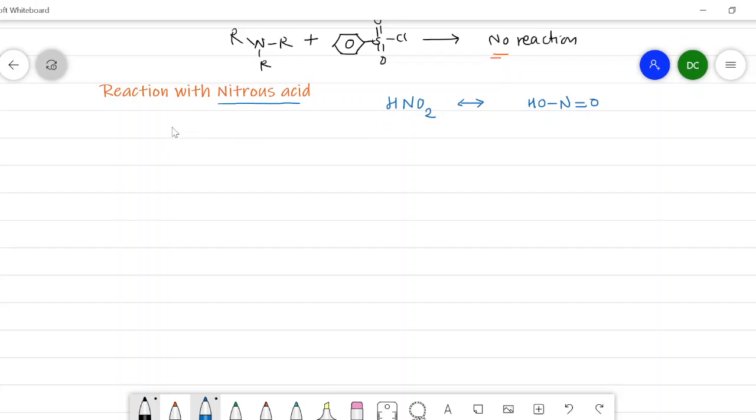So the reaction of sodium nitrite plus hydrochloric acid gives nitrous acid plus NaCl. So the sodium nitrite and hydrochloric acid are mixed together and they will form nitrous acid. Now we will see the reaction of nitrous acid with the primary amine. So I will write here a primary amine.